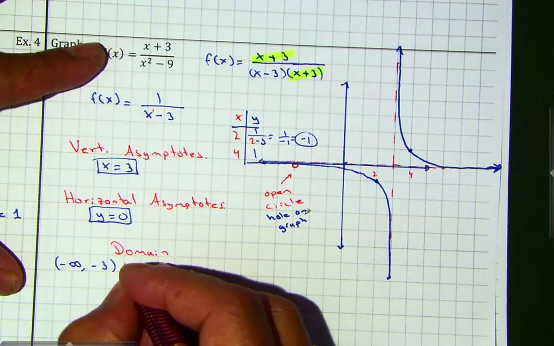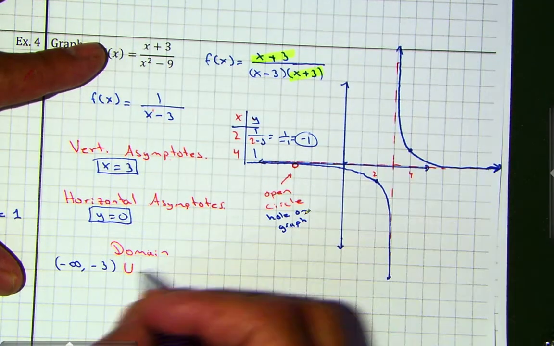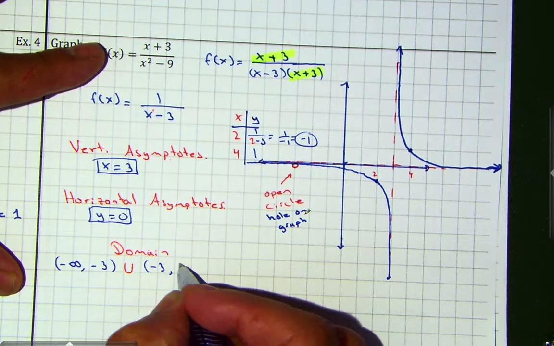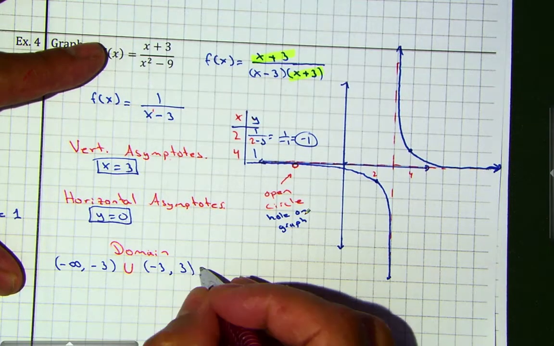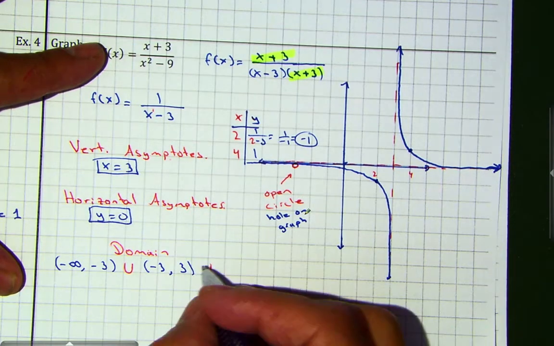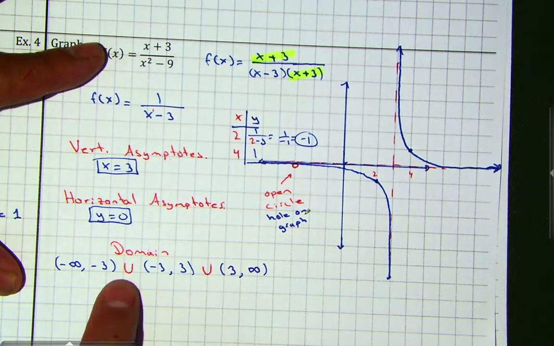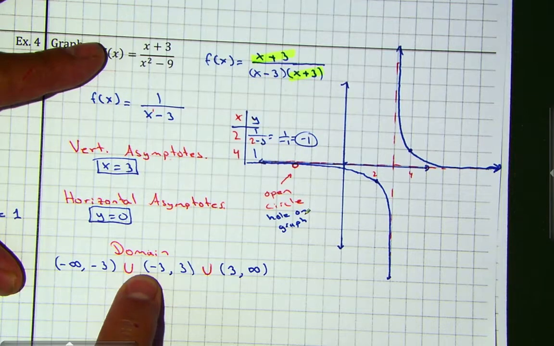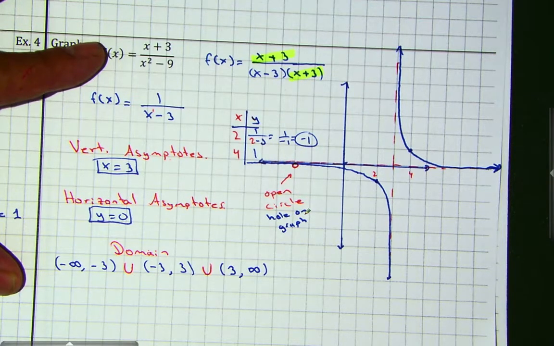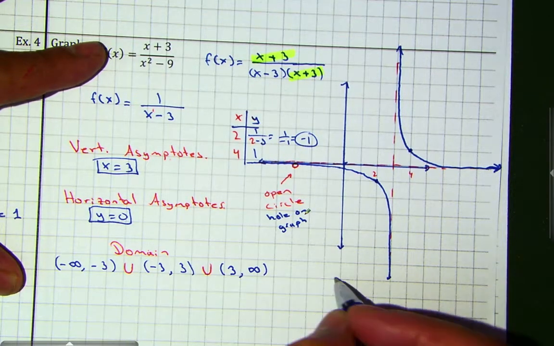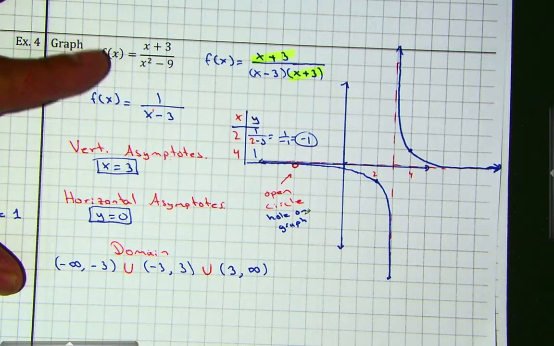Union from -3 all the way to 3. Union. And from 3 all the way to infinity. And notice that I place parentheses on each one because it doesn't include the -3 or the 3. Or we can say all real numbers except for -3 and 3.